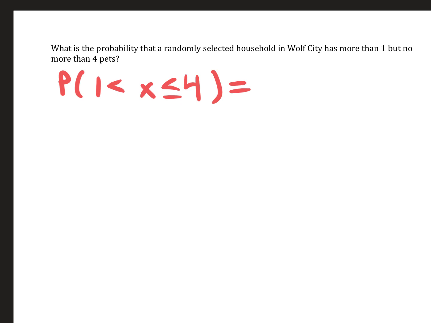All right, so for this one, we want to add the probability of 2, the probability of 3, and the probability of 4. So the probability of 2 was 0.21. The probability of x being 3 was 0.13. And the probability of x being 4 was 0.06. So we get the answer is 0.4.